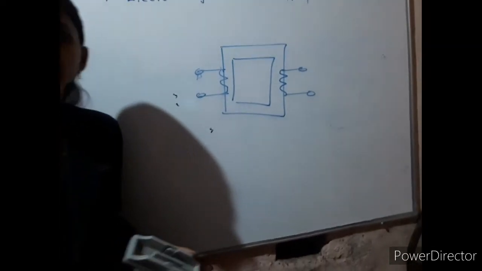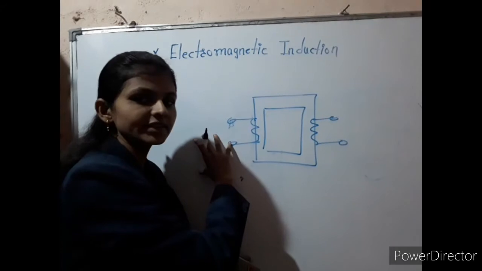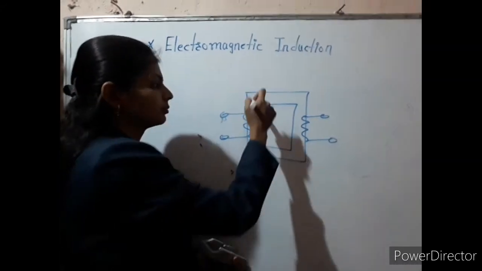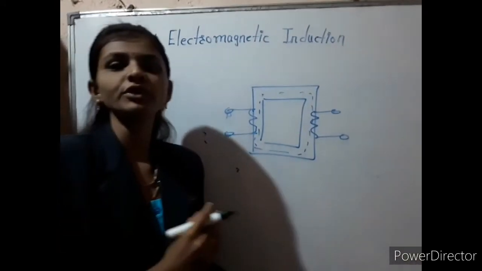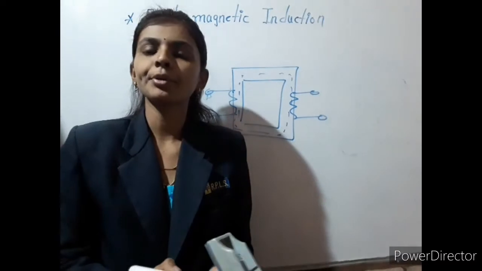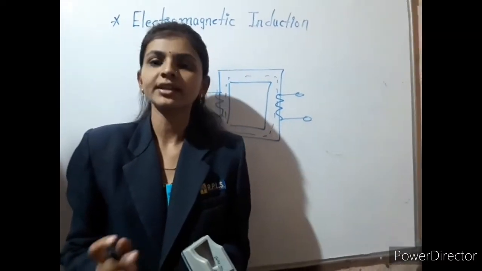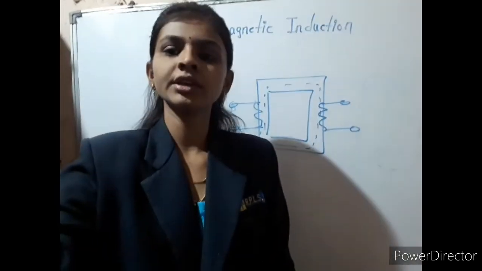Here you can see that in the transformer, the electricity is given to one coil, and due to the magnetic field produced in that coil, current is produced in the other coil. This happens due to mutual induction. That is also a type of electromagnetic induction. So we use this phenomenon in many cases.